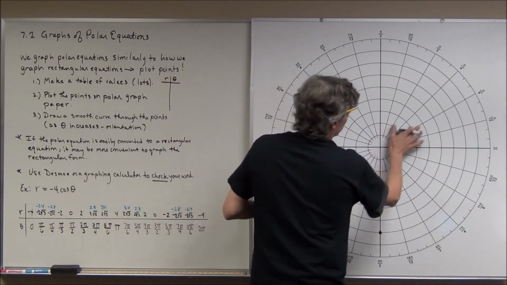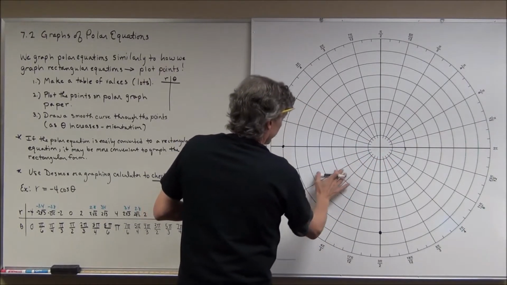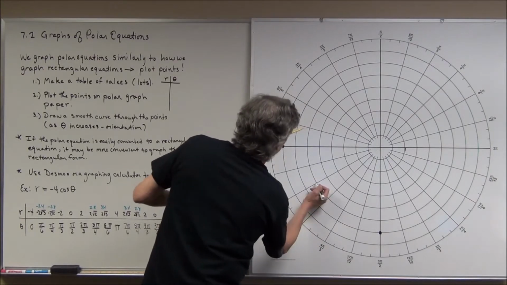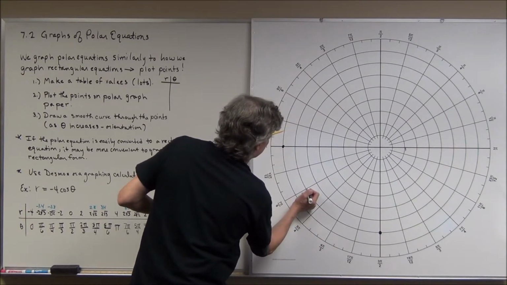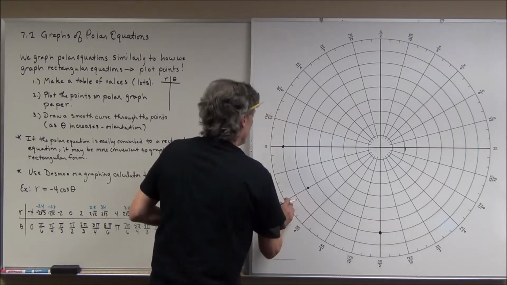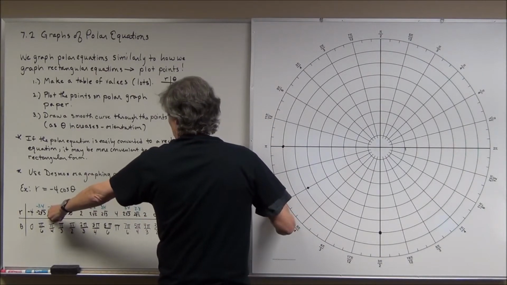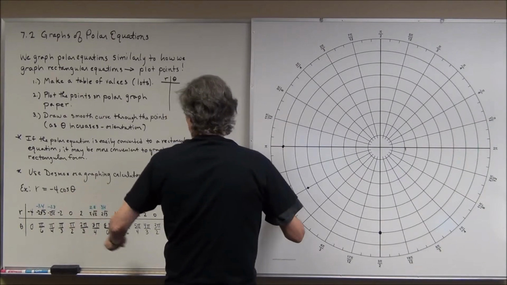Negative 3.4, approximately, and pi over 6. Well, pi over 6 is in this direction, but if I'm going to go in the opposite direction, negative 3.4 would come out this way. So this is negative 3 here. So negative 3.4 would be about here, I would guess. All right, next one up is pi over 4 for the angle, and the r is negative 2 square roots of 2, or about negative 2.8.